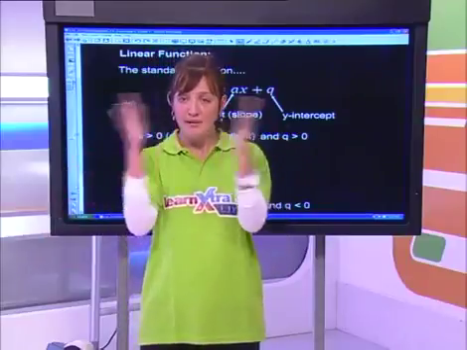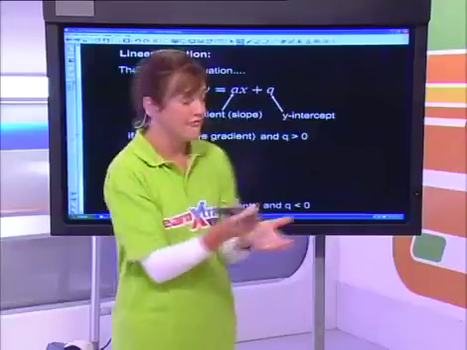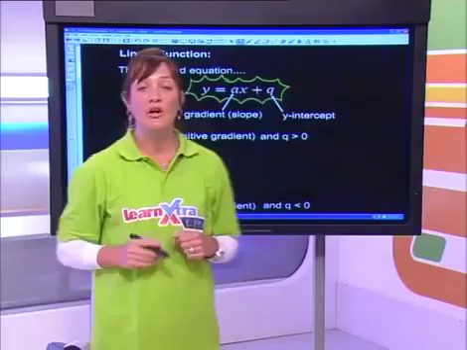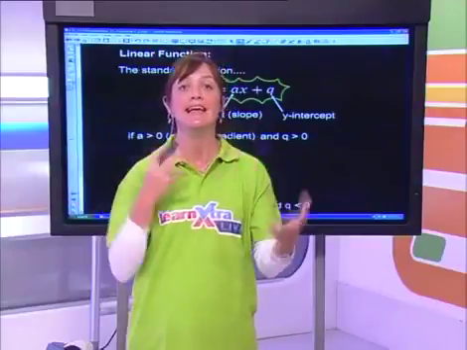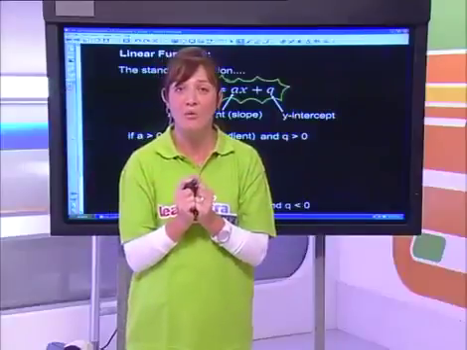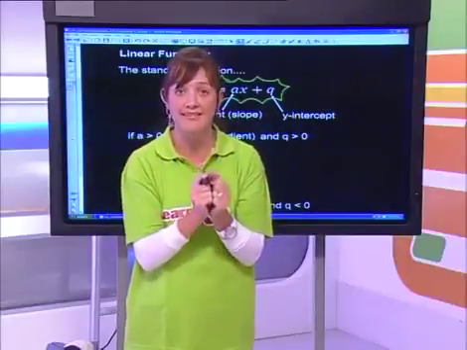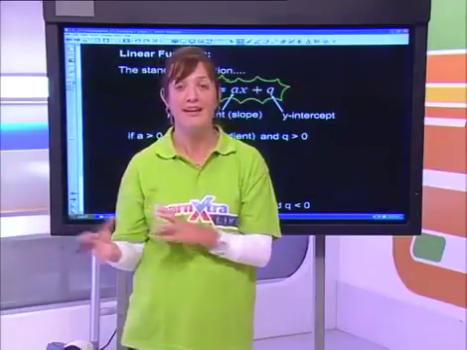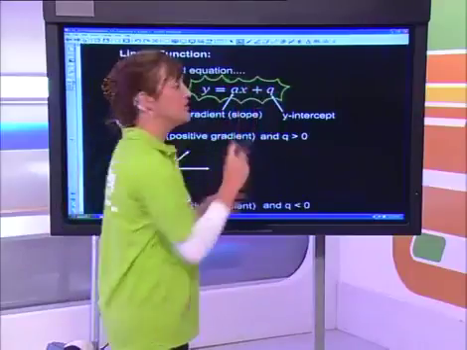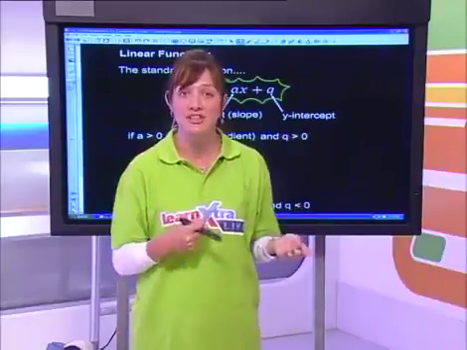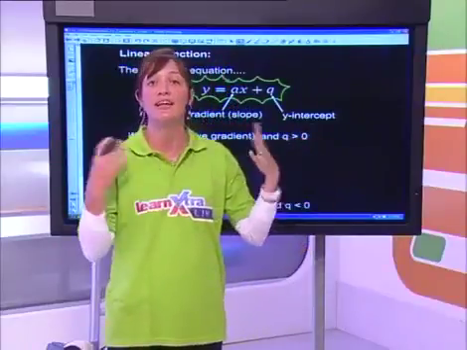If we have an algebraic rule that is in the form of ax plus q, if it ever fits into that standard equation, what you are going to have is a linear relationship between the x's and the y's, which means that if we take the x's and the y's and we turn them into coordinate pairs and we plot it, you will always get a straight line graph. Okay, so this equation determines the type of relationship between the x's and the y's. And the relationship, because of that standard equation, is linear.